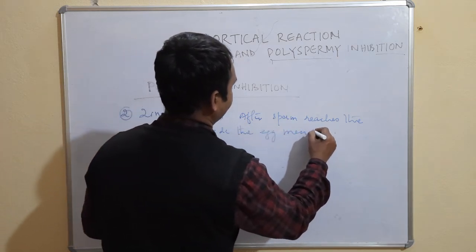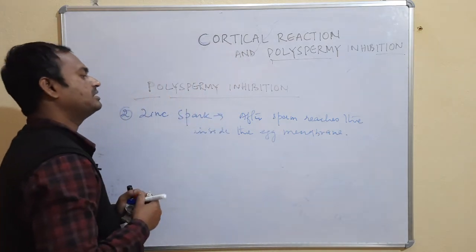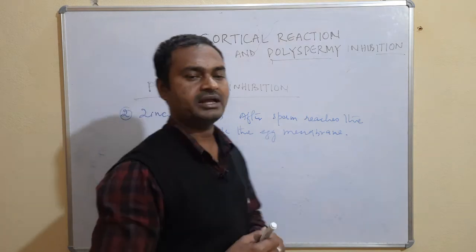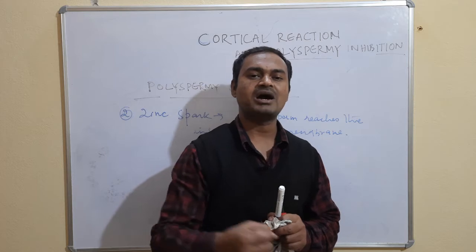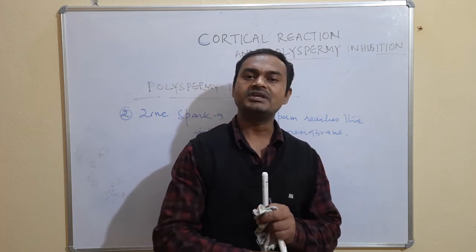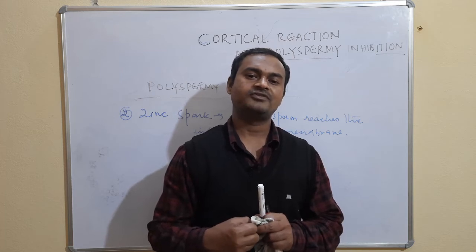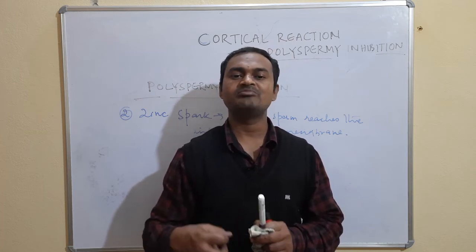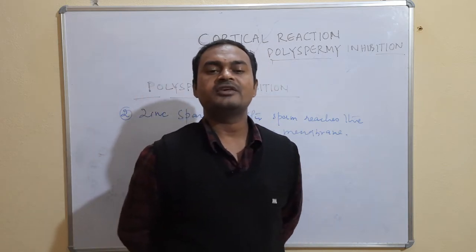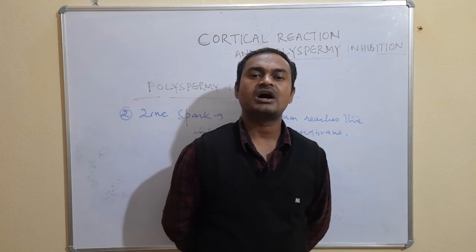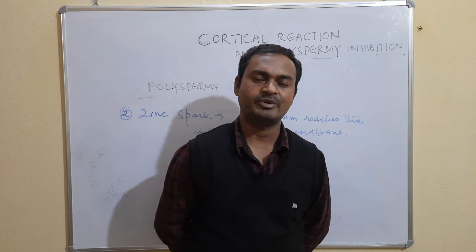After the sperm reaches inside the egg membrane, okay, an impulse, a spark of zinc occurs, and this spark of zinc occurs in millions, meaning millions of zinc ions come out on the surface of the cell membrane.